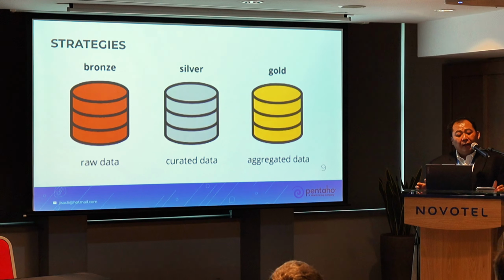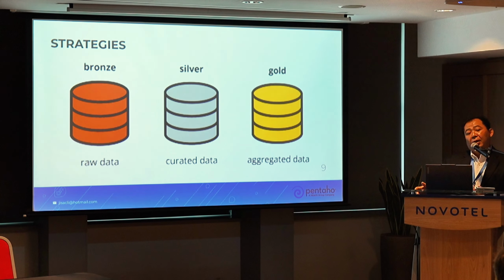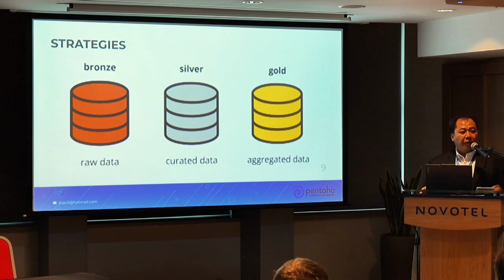So the strategy must be: first replicate bronze from your ERP, then create the data as silver. For example, you have a customer with a city table and a country table, and you have a silver customer that has all the information. Then you create a gold version of customer with things like last buy, total sales, etc.